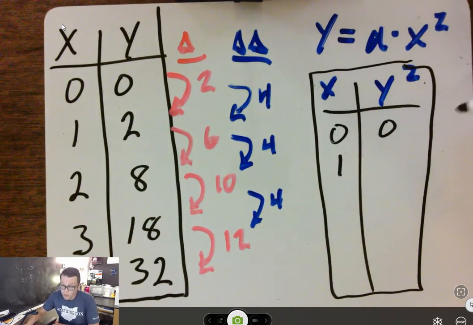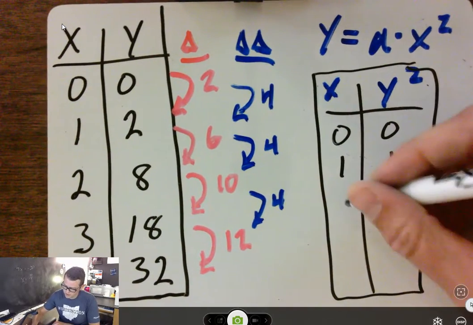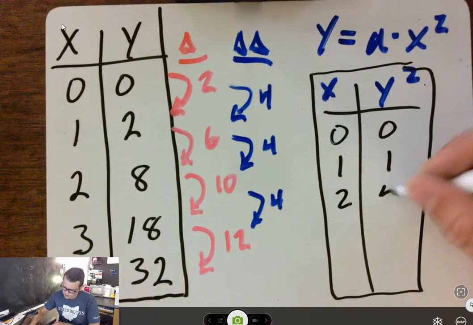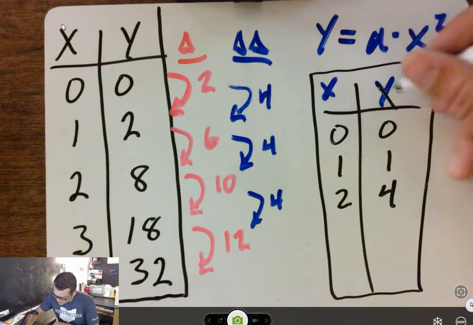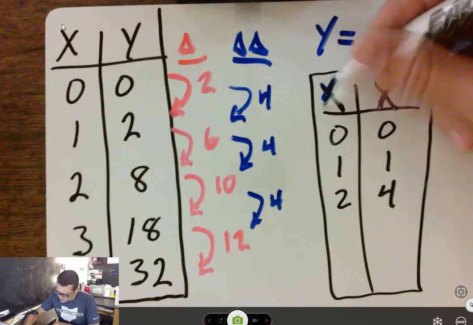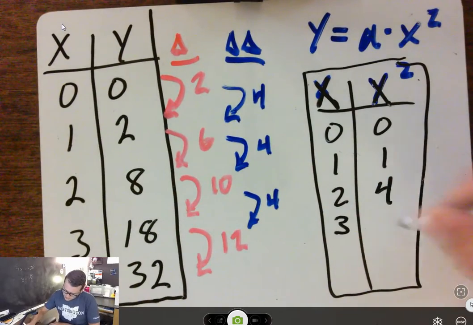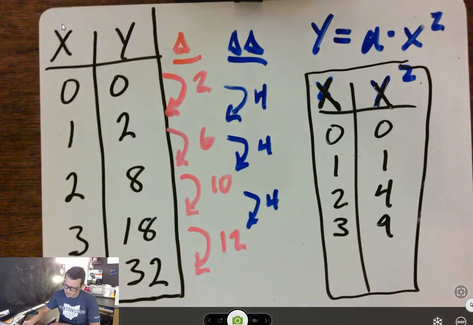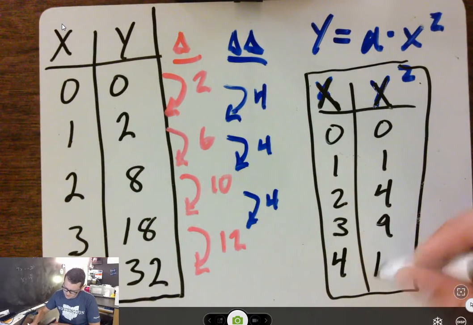If I have an input of 1, 1 squared, don't fall in the trap. 1 squared is still 1. If I have an input of 2, 2 squared is 4. Sorry, this is not y squared. We're making this x squared. My apologies for misspeaking that real quick. If we plug in 3 for x, we have 3 squared is 9, because 3 times 3. If I plug in 4, I have 16.